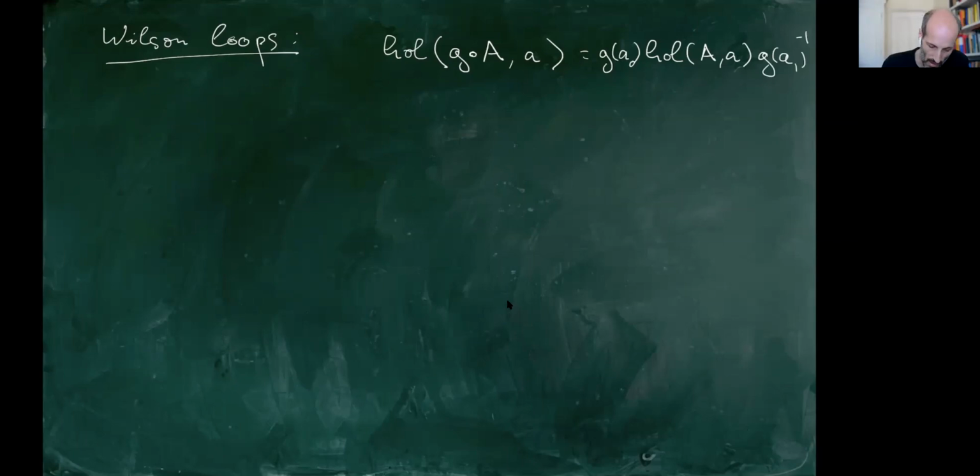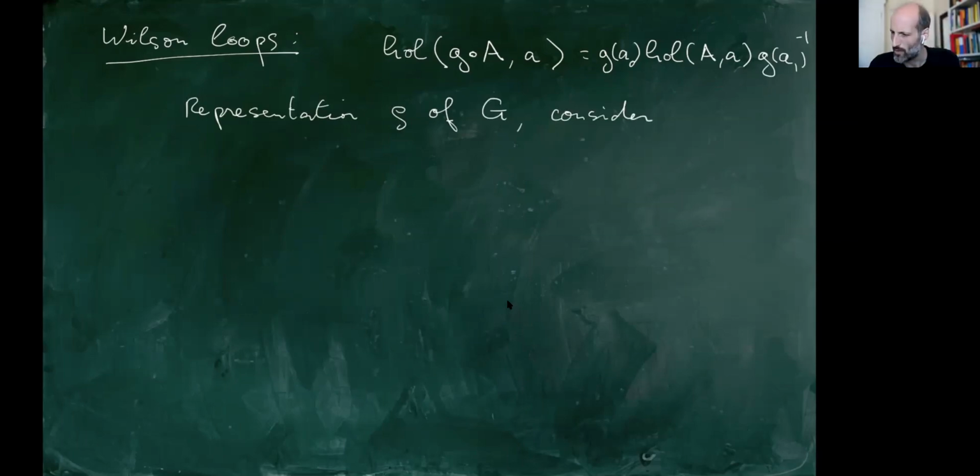Okay, so you just take a representation, say rho of G, and consider W rho, so W for Wilson, rho is the representation, A is your connection, little a is a loop.